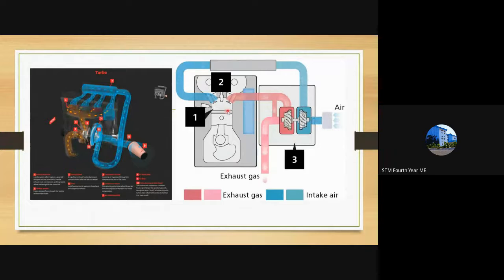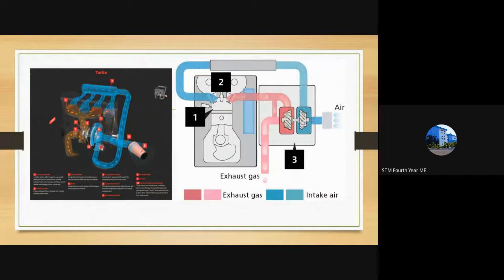The exhaust gas passing through the exhaust manifold enters the turbine. It rotates the turbine and provides power to the compressor, and the compressor in turn compresses the air and sends it to the engine. This is how the turbocharger works.